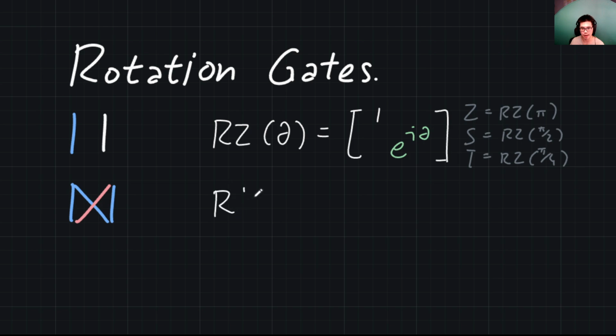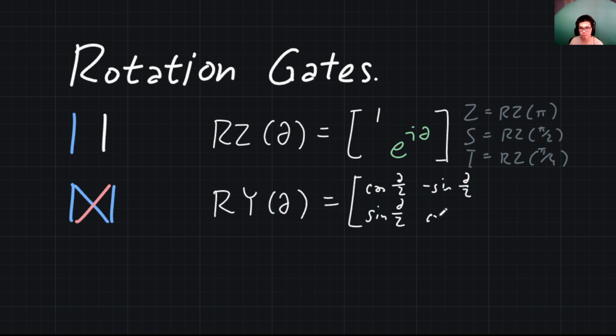So RY of theta is nothing more than your familiar rotation gate, where the rotation is just by half. So cosine theta over two, minus sine theta over two; sine theta over two, cosine theta over two.